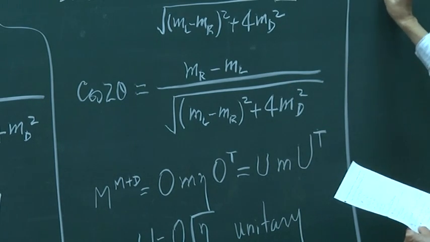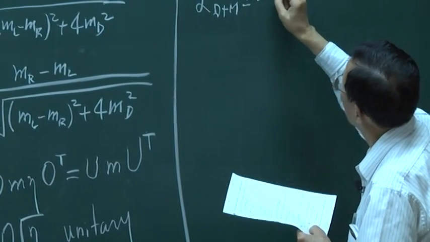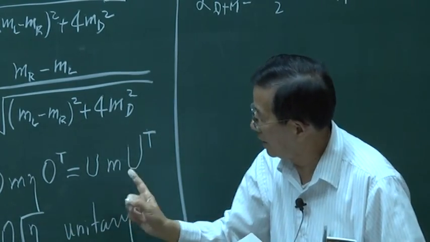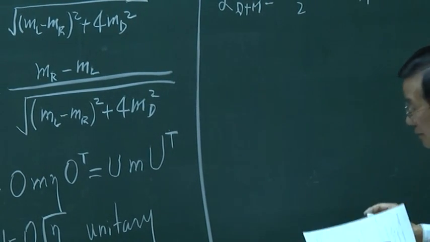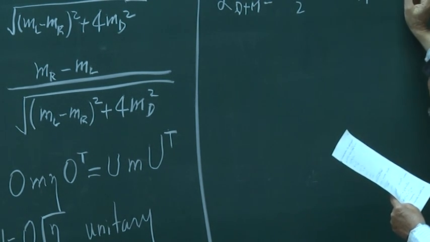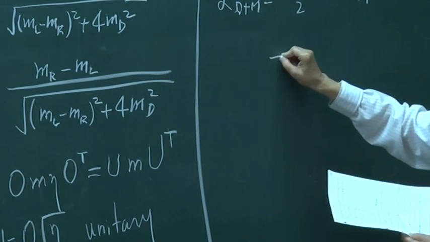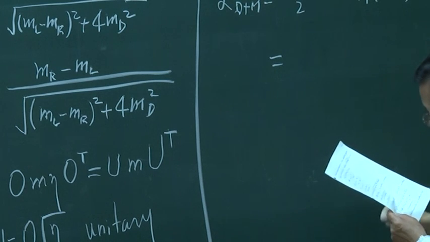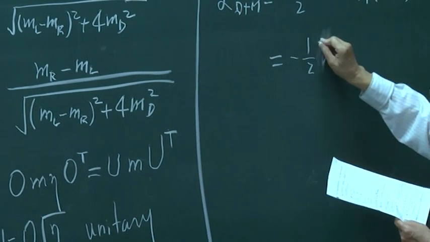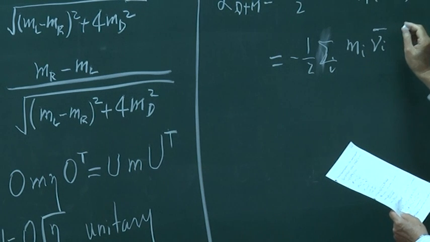Then you'll find that the Lagrangian L D plus M is equal to minus 1/2 nu bar M, the diagonal mass matrix, and then nu M charge conjugate, equal to minus 1/2 sum over i of m i nu i bar nu i.